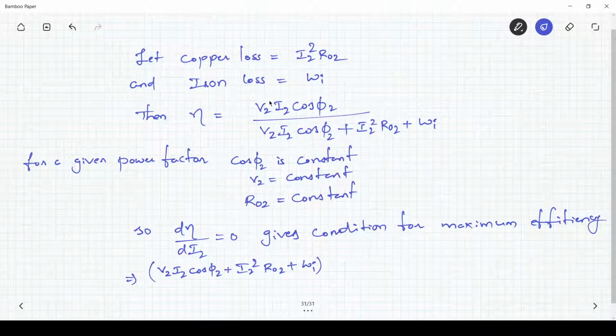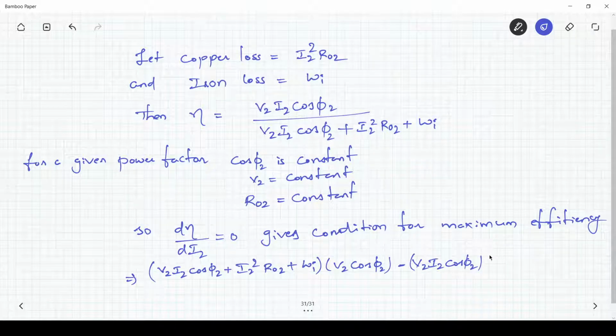Differentiating the numerator with respect to I2, you will get V2 cos phi 2. So v into derivative of u minus u, the numerator V2 I2 cos phi 2, into derivative of v, the denominator.